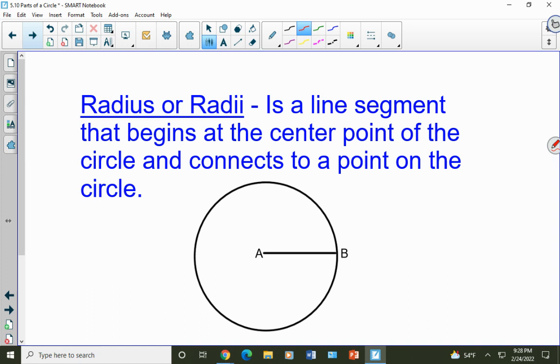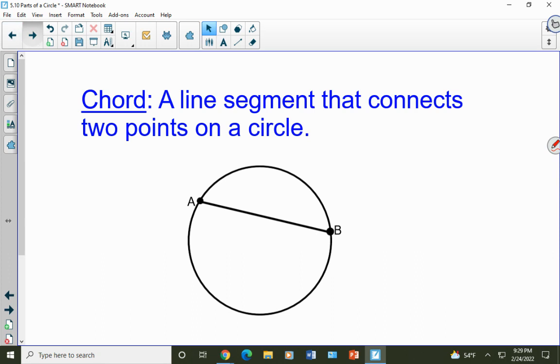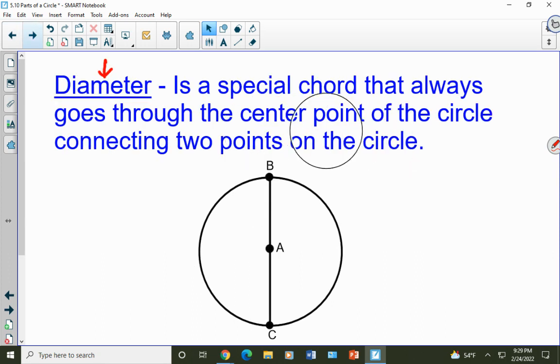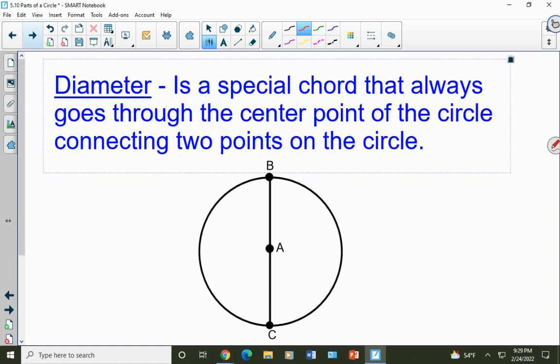Next thing we need to talk about, so let's go back and review. I like to go back and review so we understand. A chord is a line segment that connects two points on the circle. A and B are on the circle, and it's a line segment. A diameter is a special chord that we really don't call a chord again.